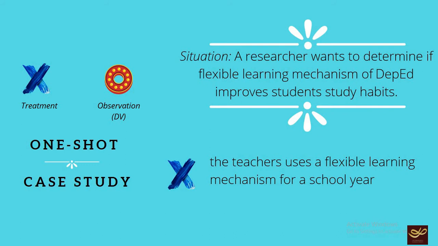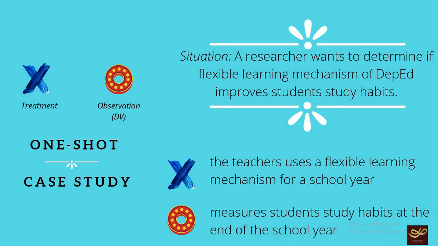The teacher uses a flexible learning mechanism for a school year. After using it, the teacher measures students' study habits at the end of the school year and claims that the study habits of the students observed at the end of the school year are attributed to the flexible learning mechanism.